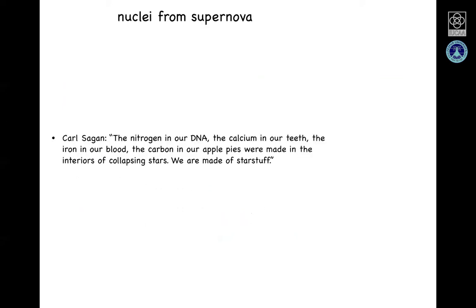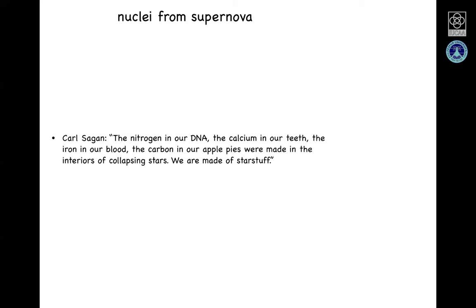So remember what Carl Sagan used to say: the nitrogen in our DNA, the calcium in our teeth, the iron in our blood, the carbon in our apple pies were made in the interiors of collapsing stars. We are made of star stuff.